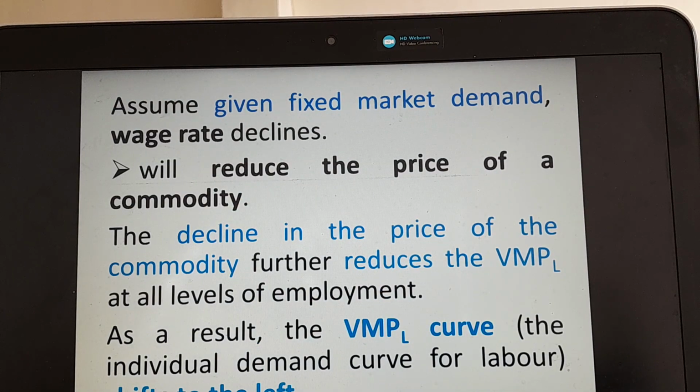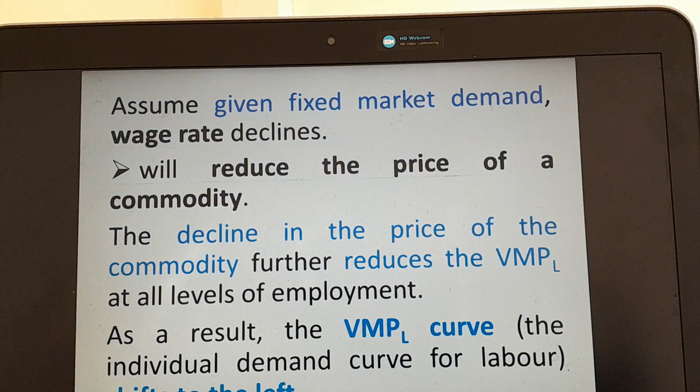Assume given a fixed market demand, the wage rate declines, and this will reduce the price of the commodity. The decline in the price of the commodity further reduces the value of marginal product at all levels of employment. As a result, the value of marginal product curve, the individual demand curve for labor, shifts to the left.